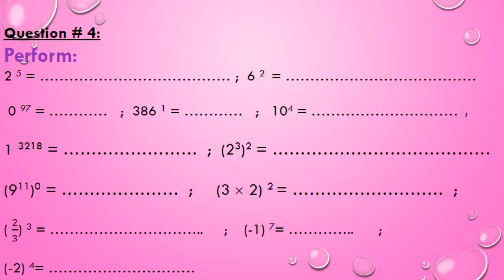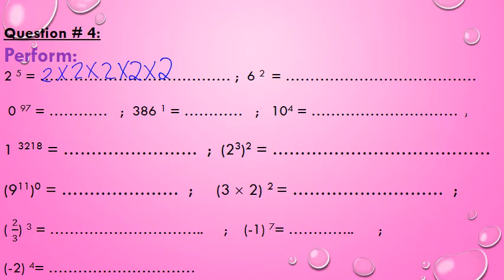Question number 4. We should perform different powers and apply the rules of powers in this question, okay? Selena, 2 to the power 5 is? 2 times 2 times 2 times 2 times 2. First, when we want to calculate powers, we should write the power as a multiplication sentence. We don't write the result directly, okay, Ali?